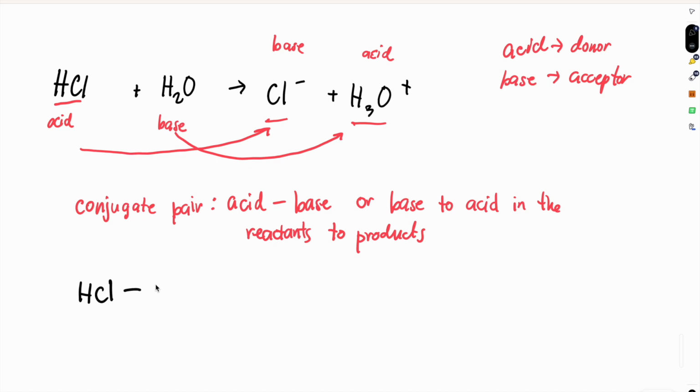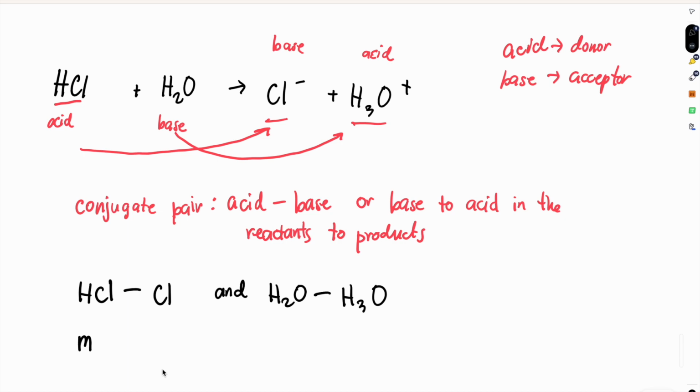HCl to Cl. We have acid to base and H2O to H3O. Base to acid. So these are our conjugate pairs.